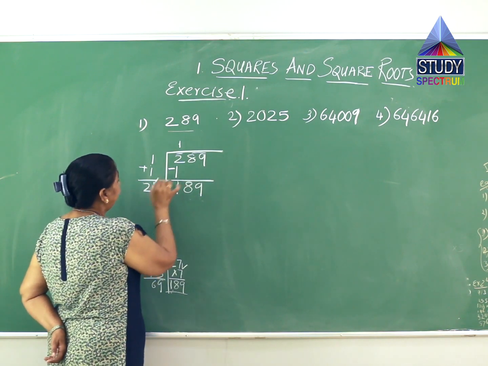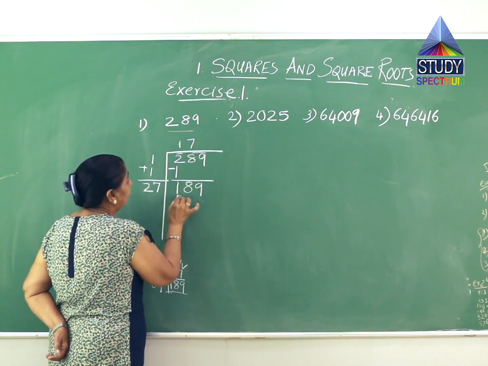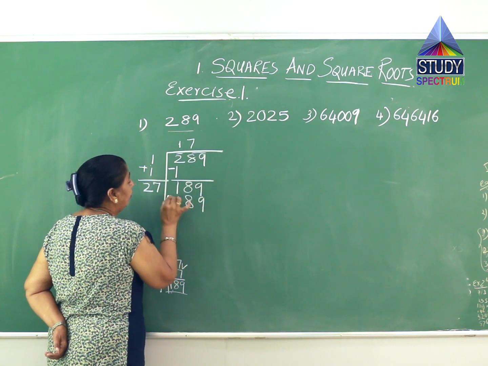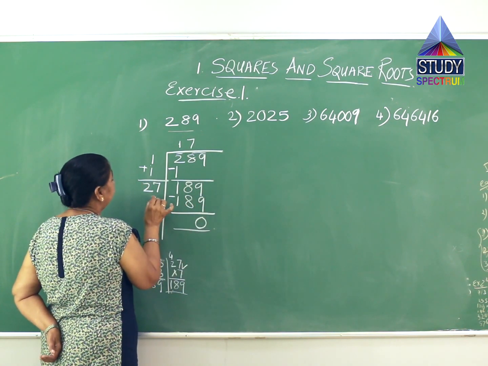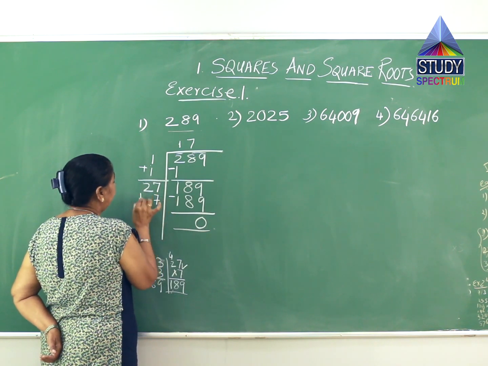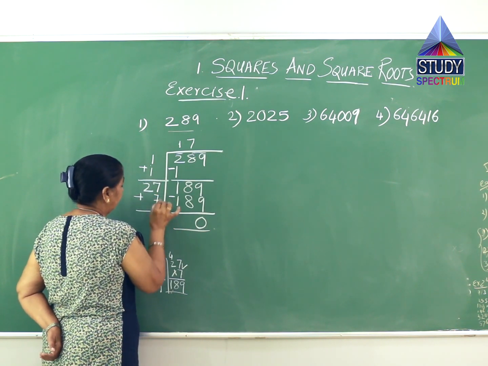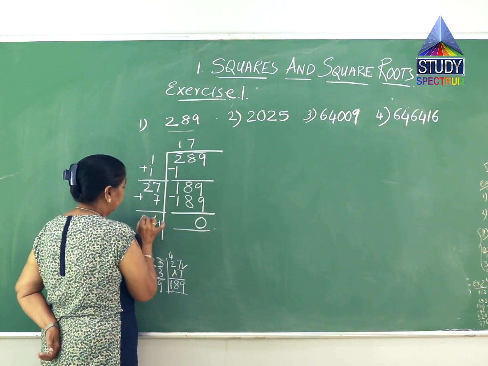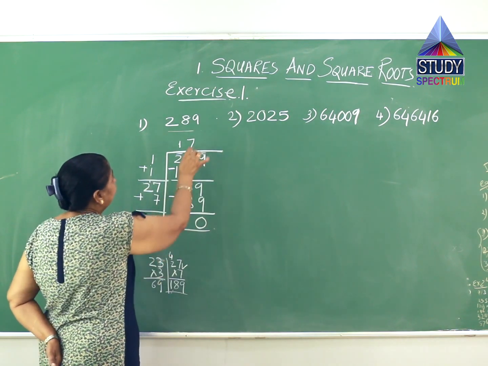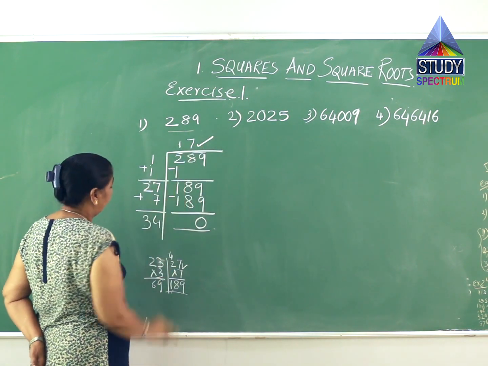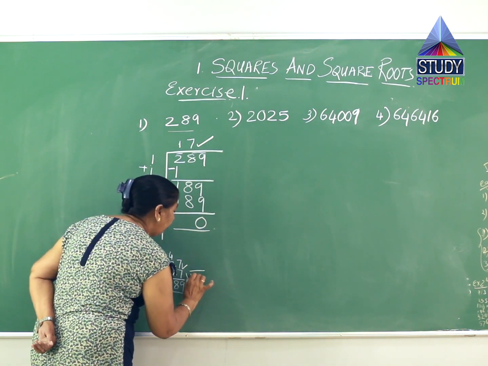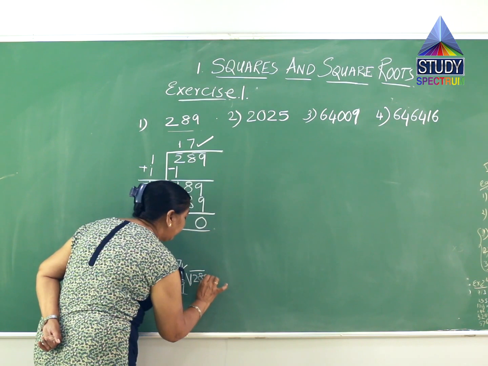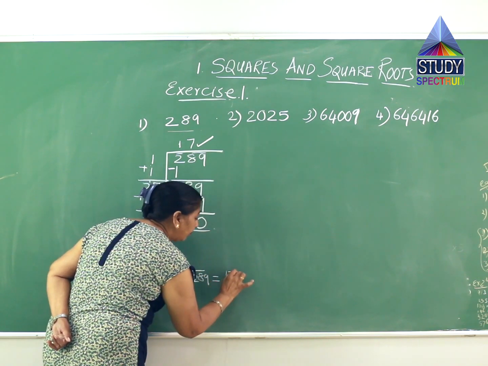Now after multiplying this by 7, it gives me 189, which is completely subtracted, and then here you have to add 7, 7 plus 7, 14, 134. So this 17 is the square root of this, which I can write like this. Square root of 289 is 17.